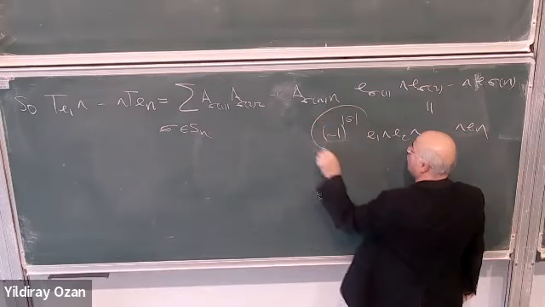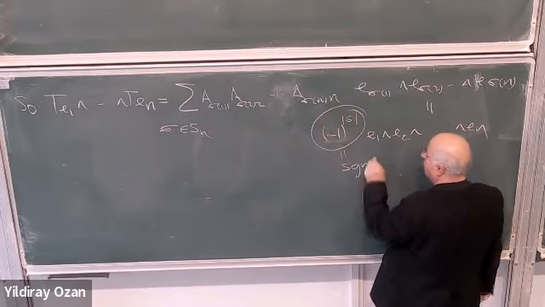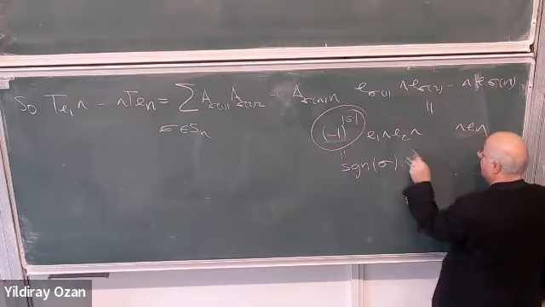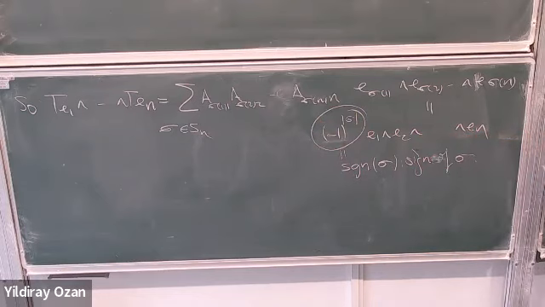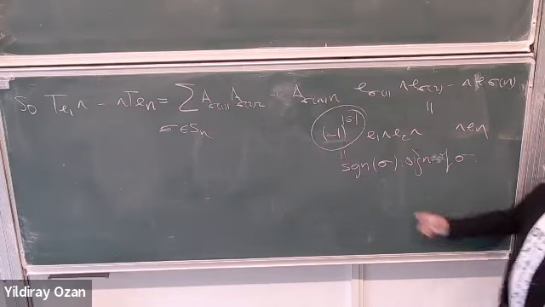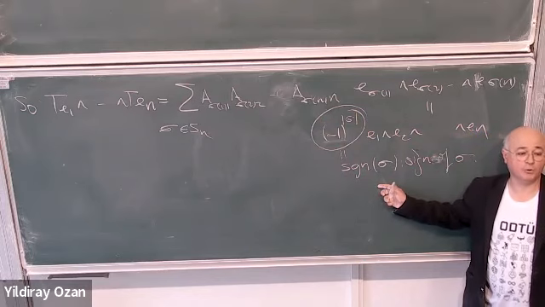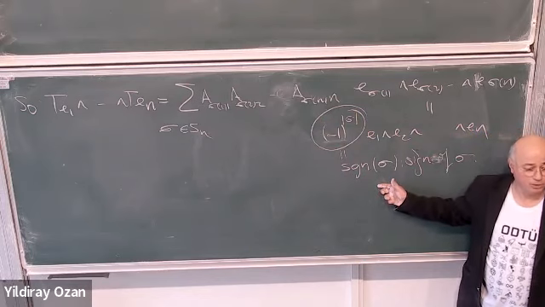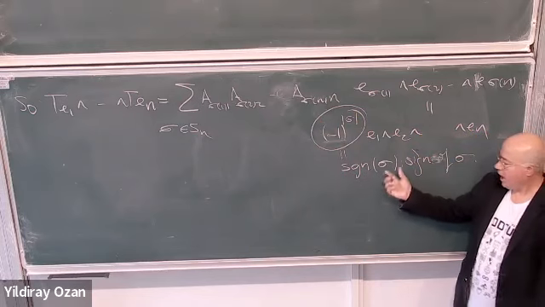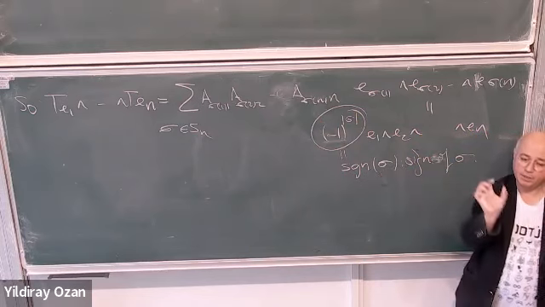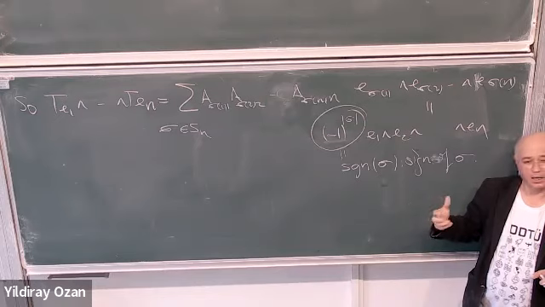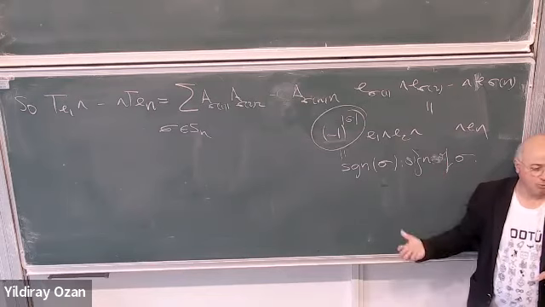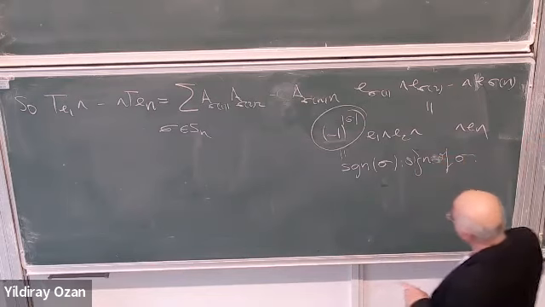And this thing also has a name. It is called the signature of sigma, or sign of the permutation sigma. It is +1 if it's an even permutation. It is -1 if it's an odd permutation. That means every permutation can be written as a product of transpositions, and you just count the number and see if it is even or odd.